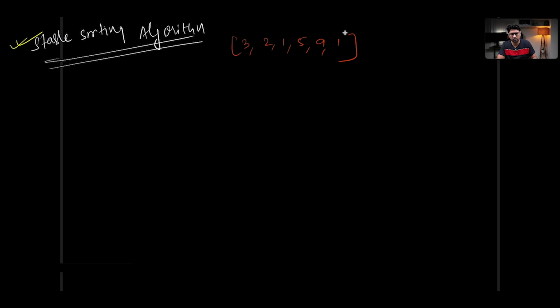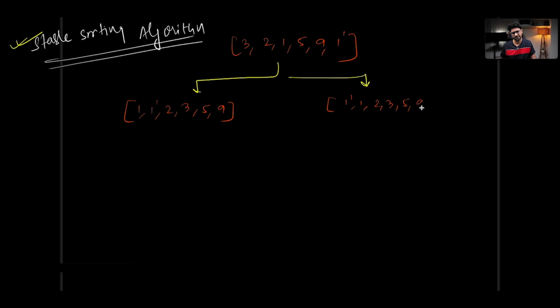Since there are two ones, I represent the second one as 1 dash. When I sort this, there are two possibilities. One is 1 dash, 1, 2 3 5 9, and another is 1, 1 dash, 2 3 5 9.